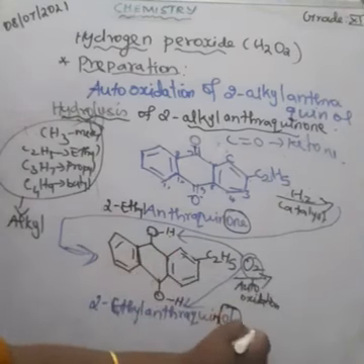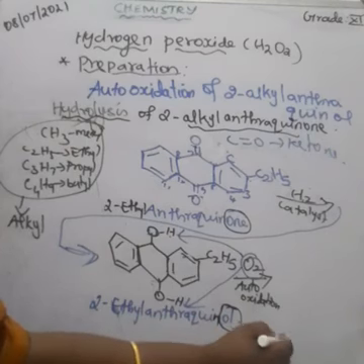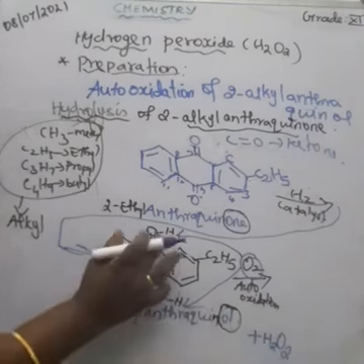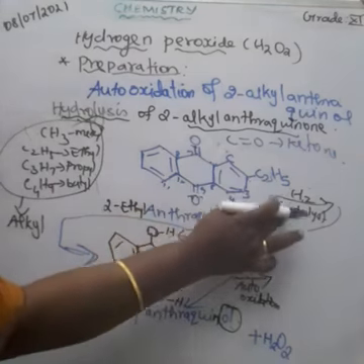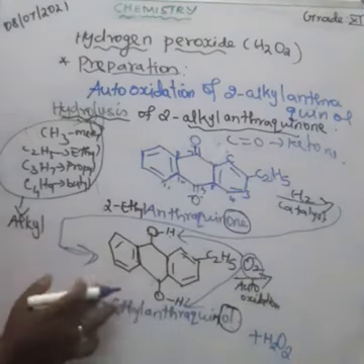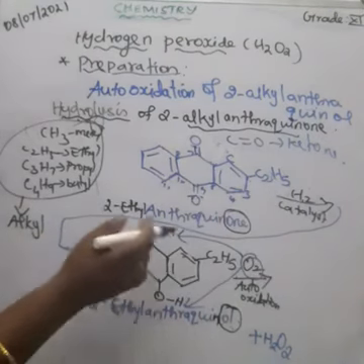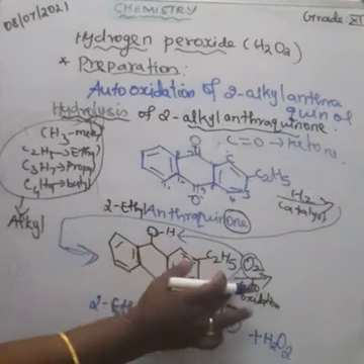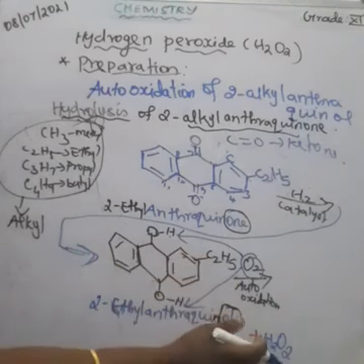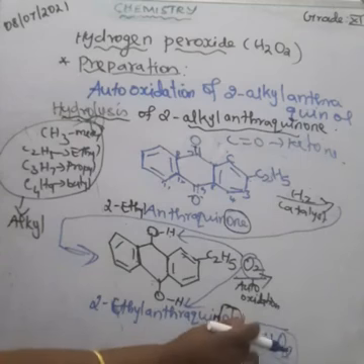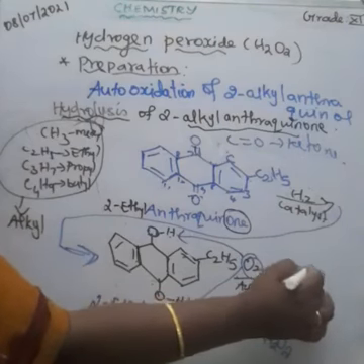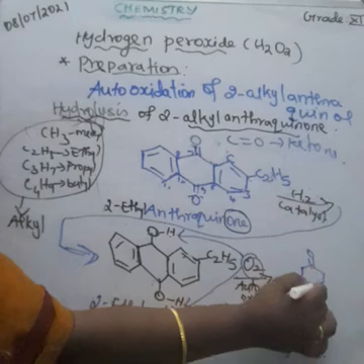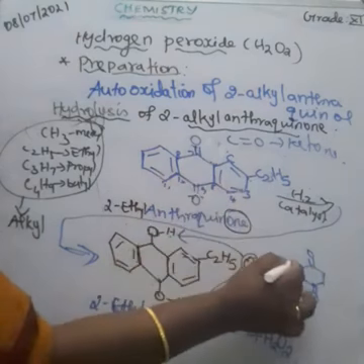Now we are studying the preparation of hydrogen peroxide. One compound, 2-ethyl anthraquinone, on reduction with hydrogen as the catalyst gives 2-ethyl anthraquinol, and this 2-ethyl anthraquinol undergoes auto-oxidation to give hydrogen peroxide. And what is the remaining product here? The reactant also, we get as the product. What is the reactant? The first reactant, 2-ethyl anthraquinone.